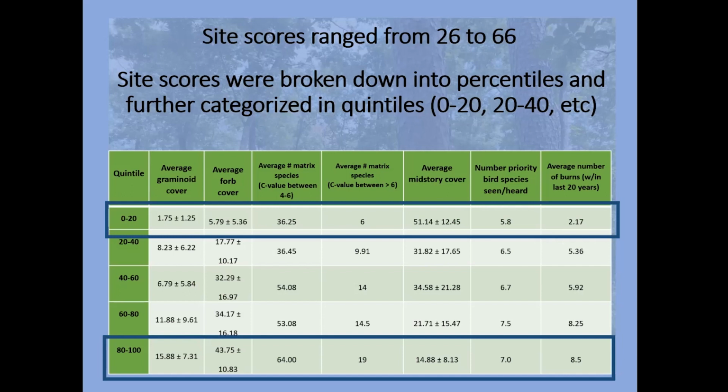So while it's interesting to see this side-by-side comparison, it is important to keep in mind that the more you burn a site does not necessarily mean that you're going to have higher ecological integrity. It's kind of a teeter-totter. The more you burn it, at some point it's going to be great for the site, but after a while, you're going to overburn it.